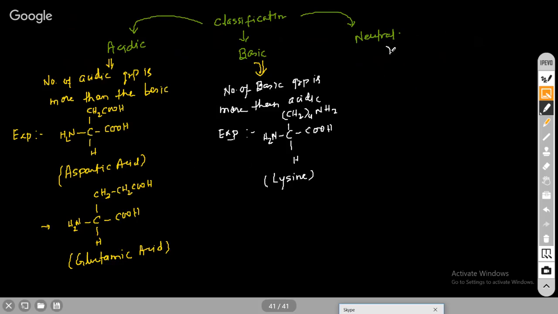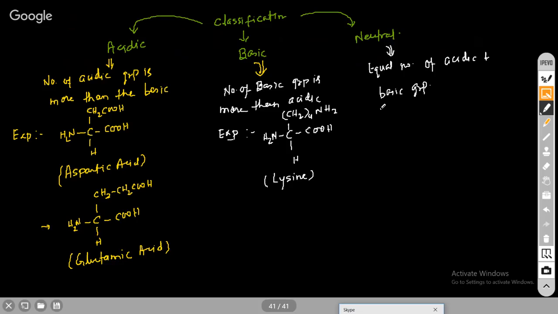Neutral one is what? Neutral one is when we have an equal number of acidic and basic groups. See, one thing you must be very clear. We have done this classification on the basis of number.